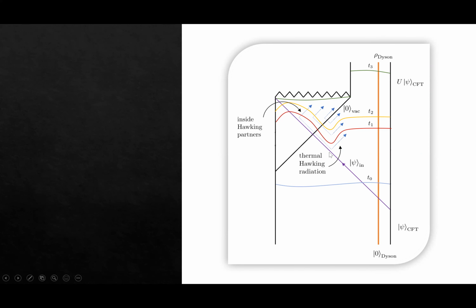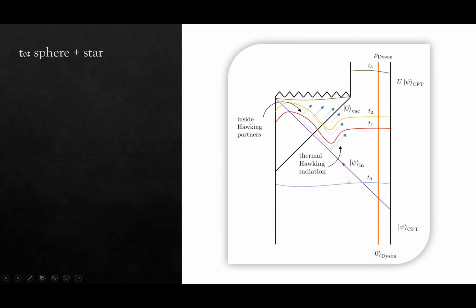Here, this line is representing a star, well, a null shell that's collapsing and making a black hole. These guys here at the horizon are making the horizon manifestly smooth. This is the Hawking picture. The inside Hawking partners and the outside Hawking partners that get detected as thermal radiation. And we see that on the CFT, we have things evolving unitarily. This psi state is just a unitary time evolution of psi at some later time.